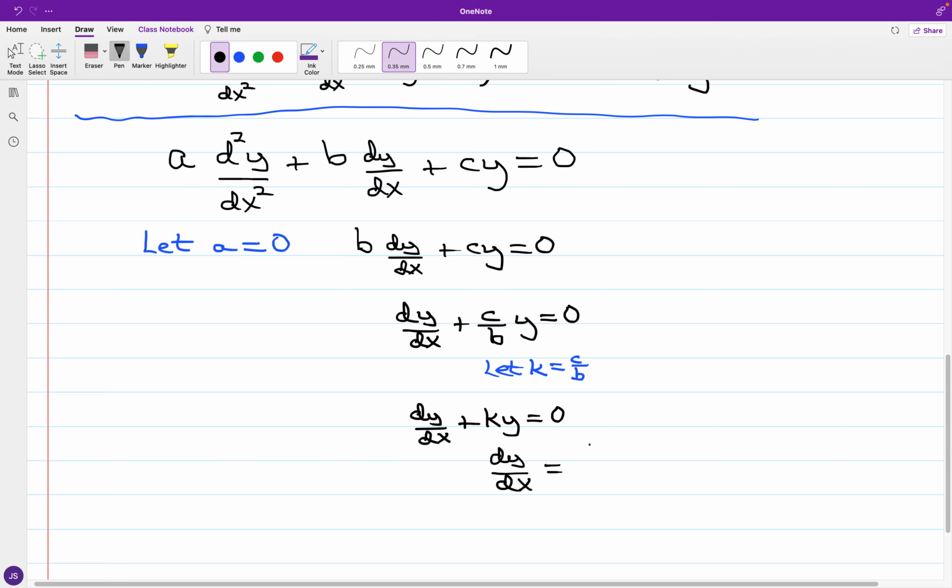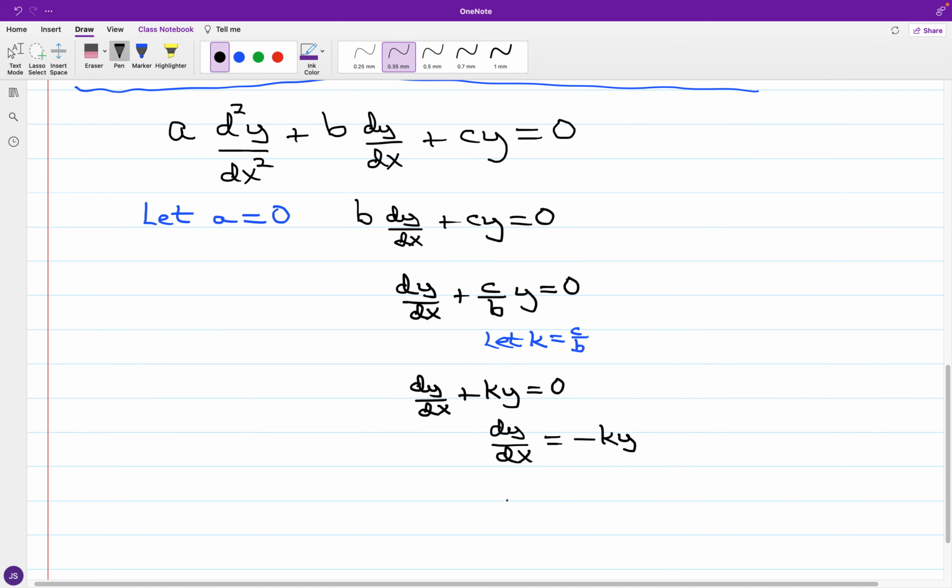So here we have dy over dx. I can isolate the derivative and set this equal to negative ky, and just have the terms of y on one side. So with division by y, I have dy over y is equal to the negative of k dx.